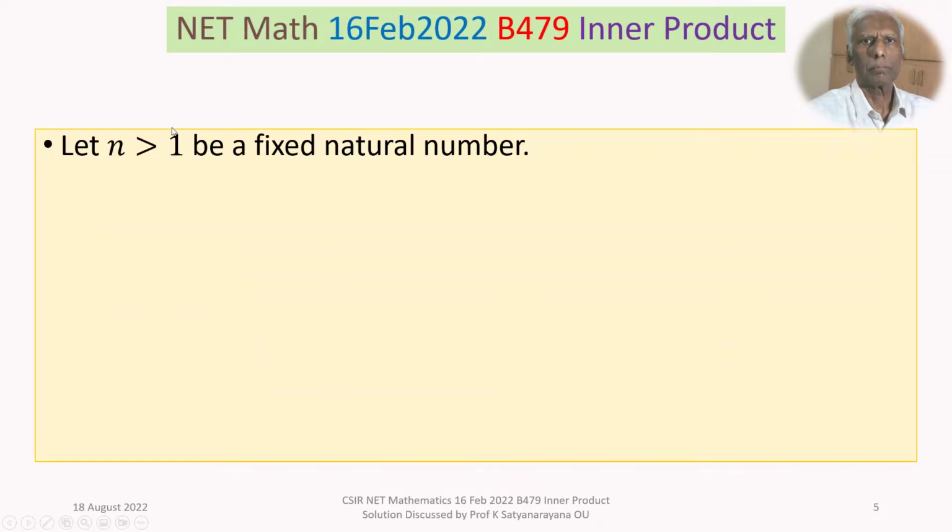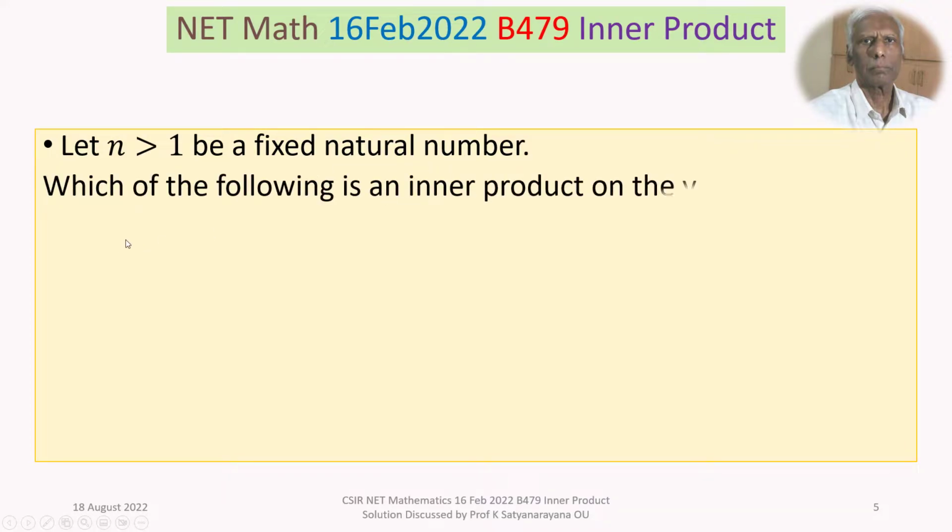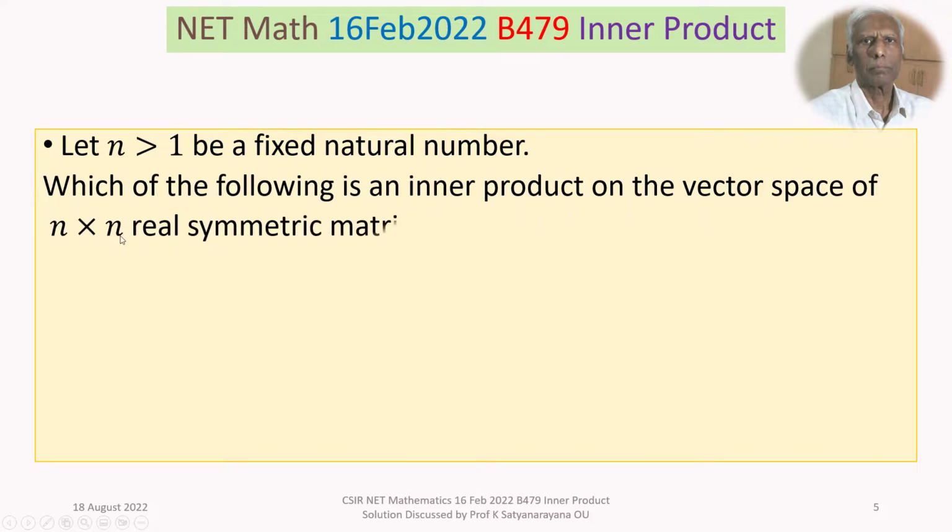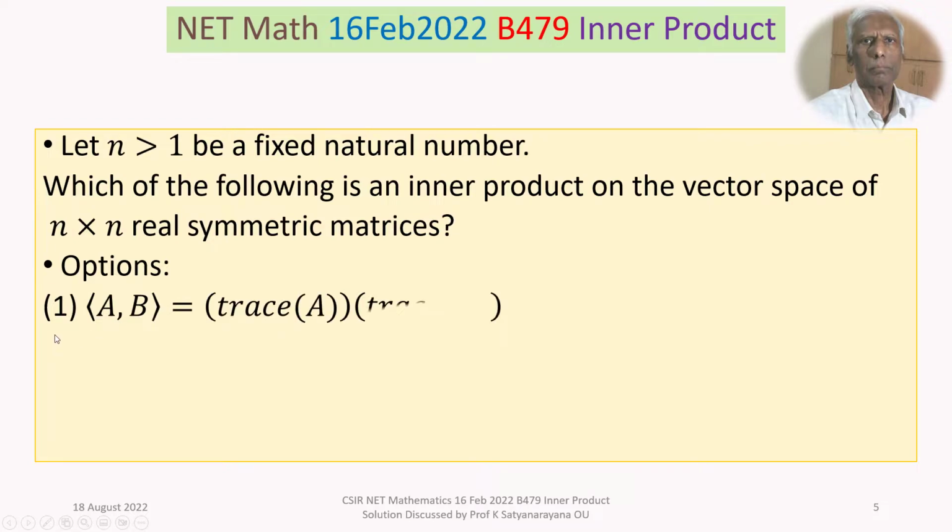let n greater than 1 be a fixed natural number. Which of the following is an inner product on the vector space of n by n real symmetric matrices? We are given four options. Option 1, bracket a comma b is equal to trace of a multiplied by trace of b.